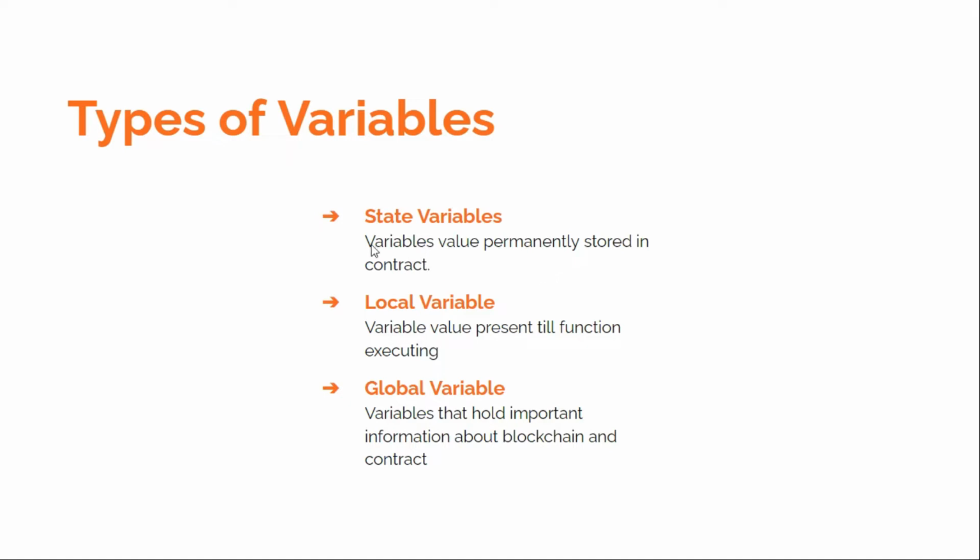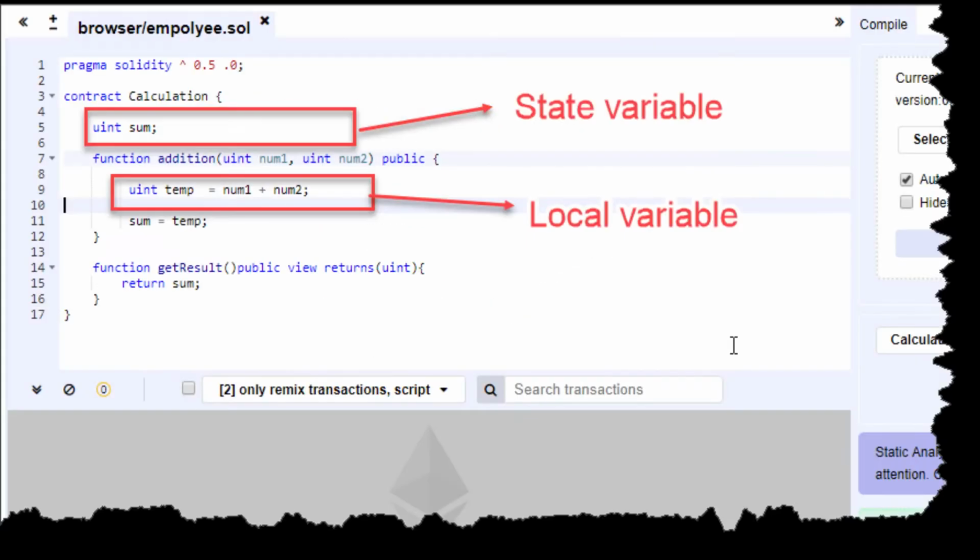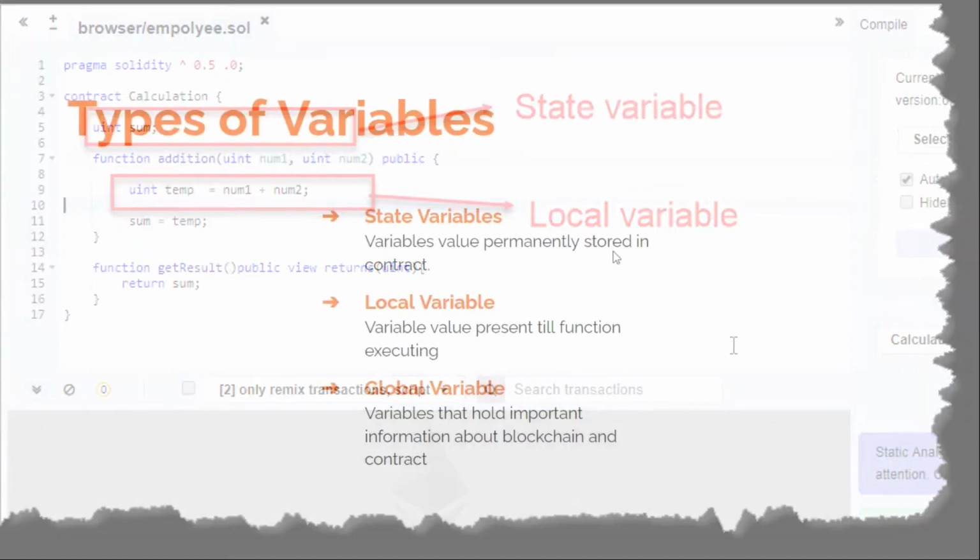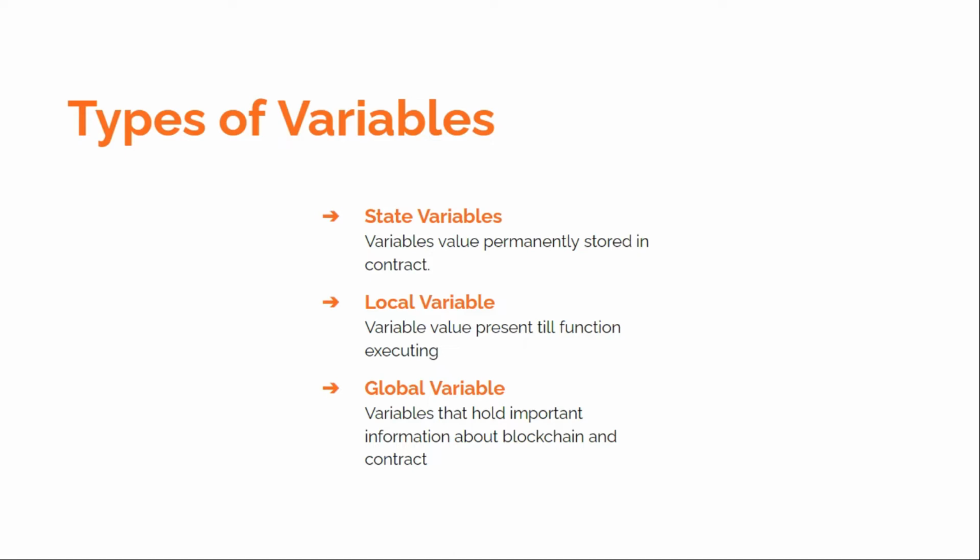One is state variables, which are the variables that get stored permanently in a contract, and most of the times we make changes in permanent variables itself in order to make it available for others and do some important work in that particular contract.